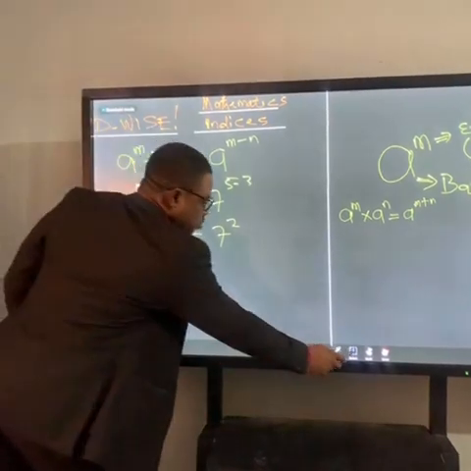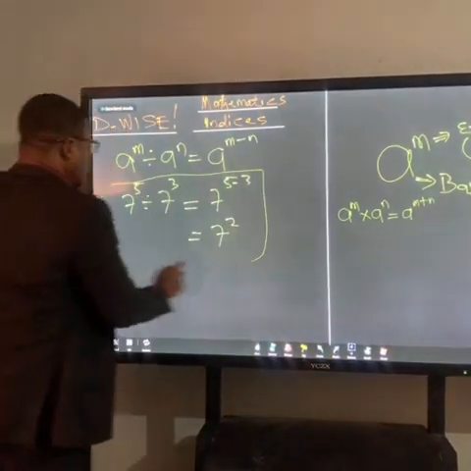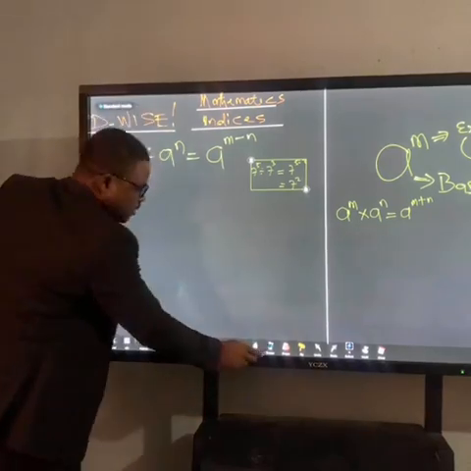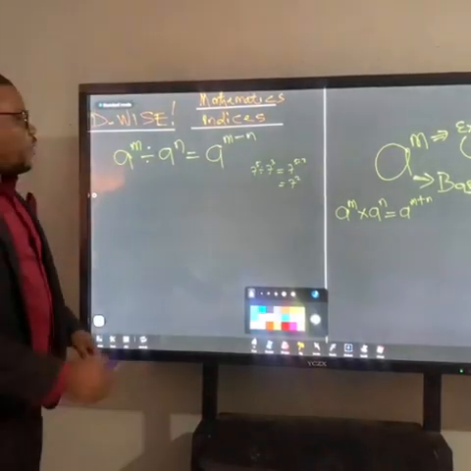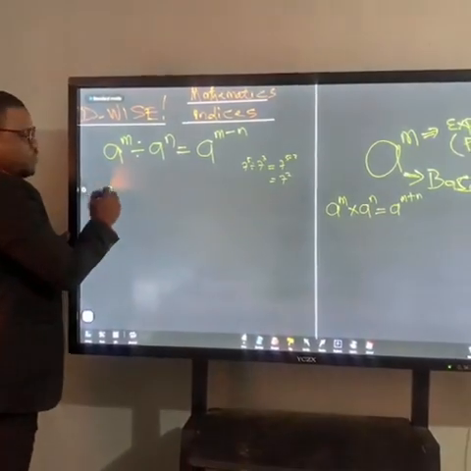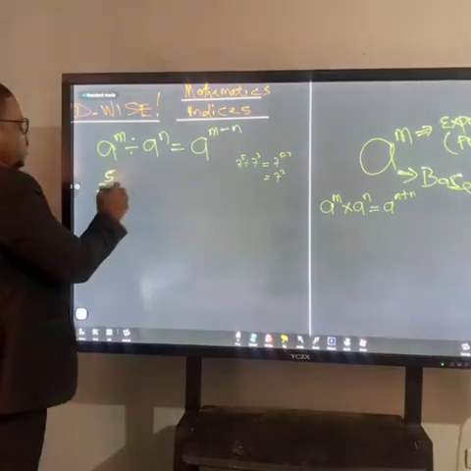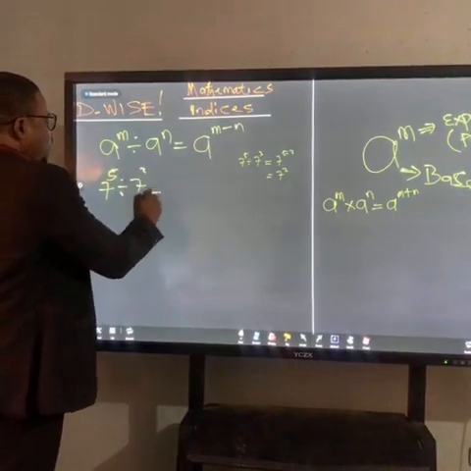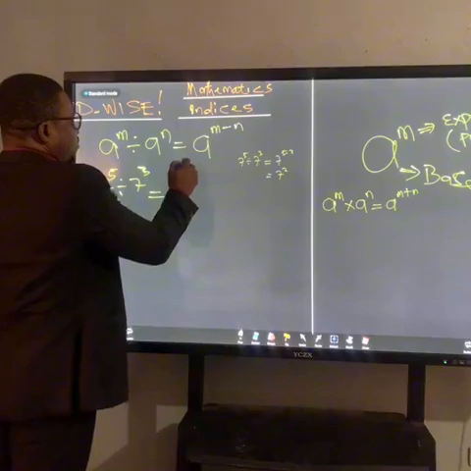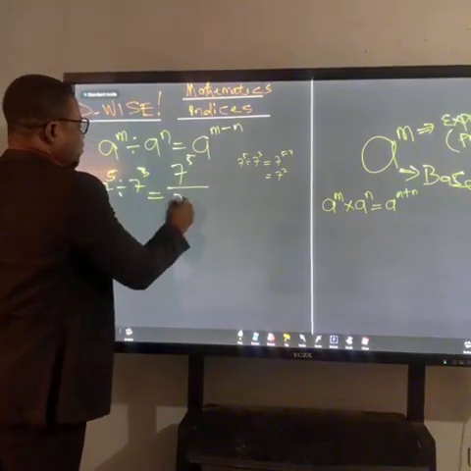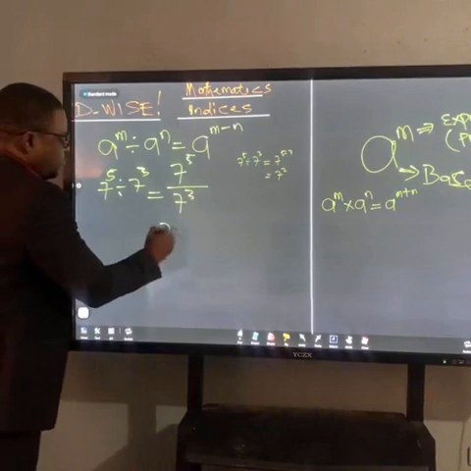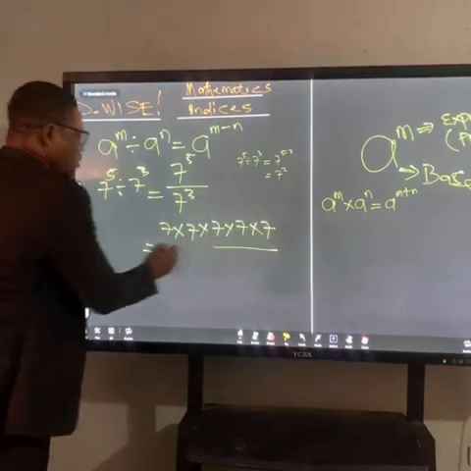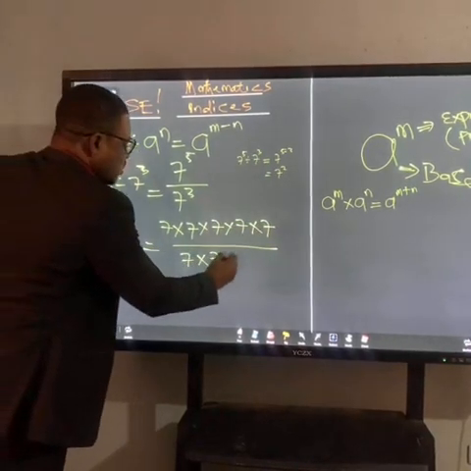Subtract their power. Now let me make an example of it in the other way like I did earlier on. We had 7 raised to the power of 2, remember that? So I have 7 to the fifth power divided by 7 to the third power. What is 7 to the 5th power? 7 times 7 times 7 times 7 times 7 all over 7 times 7 times 7.